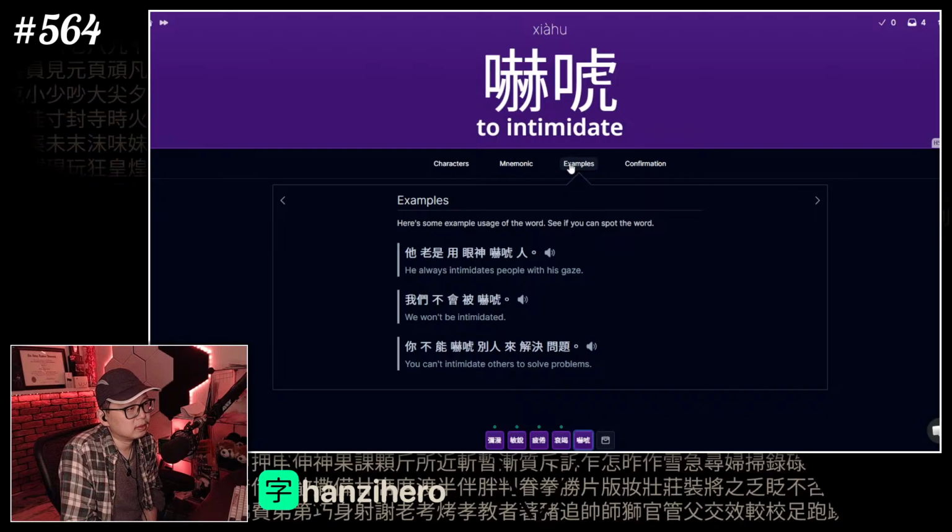Ah, 老师用 eye gaze 眼. All I can think of is 眼上.